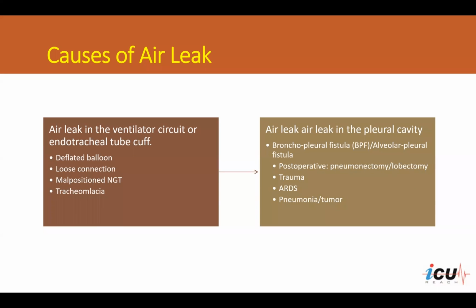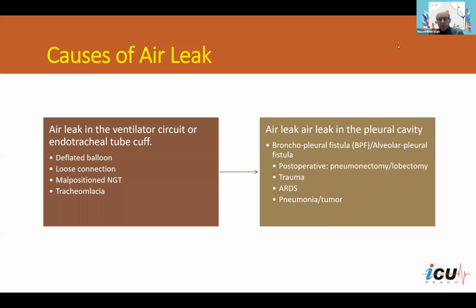Those are usually easily corrected compared to if the patient is leaking into the pleural space by either bronchopleural fistula or alveolar pleural fistula. Those are difficult to differentiate. However, they manifest the same, and the treatment is the same, whether the patient is leaking into the pleural space directly from the bronchi or bronchioli, or from the alveoli.